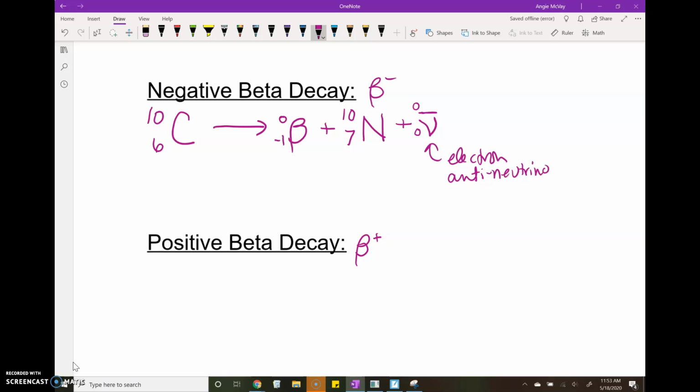They were kind of throwing around words for what this particle should be called. This is officially now called an electron antineutrino.